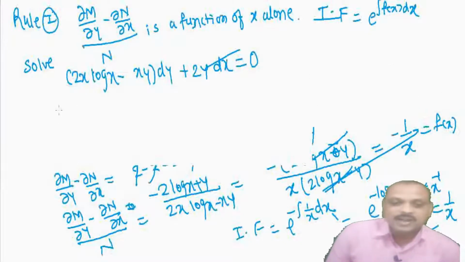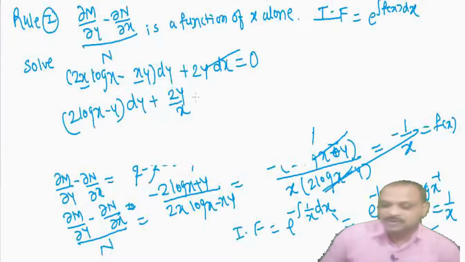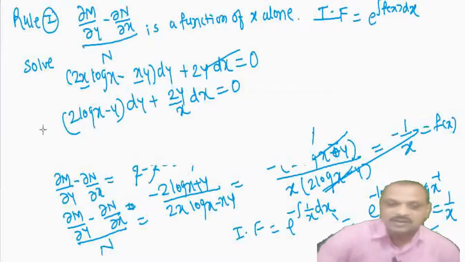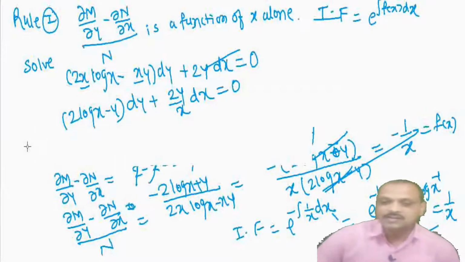Whenever we multiply by 1 by x, you can see that this x we can take common and cancel, and we get 2 into log x minus y into dy plus 2y divided by x into dx equal to 0. Now friend, let us see what is the new m and new n, whether the given equation is converted into exact or not.